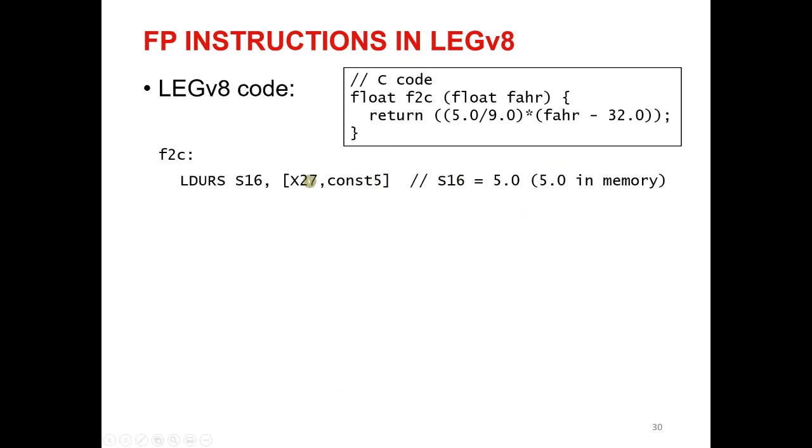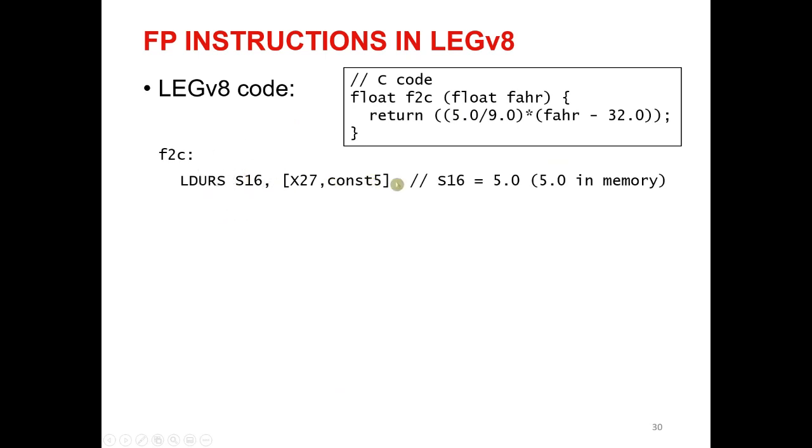In this case we are saying, okay, register S16 will be equal to 5.0 in the previous example. Okay, so this number was in memory, and I have loaded it into this single precision register.